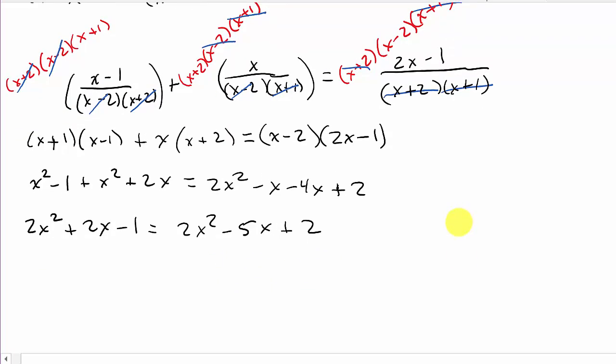Now, it looks like we might have a quadratic equation to solve, but we don't, because if we subtract 2x squared from both sides, they just cancel out. So we've got 2x minus 1 equals negative 5x plus 2.